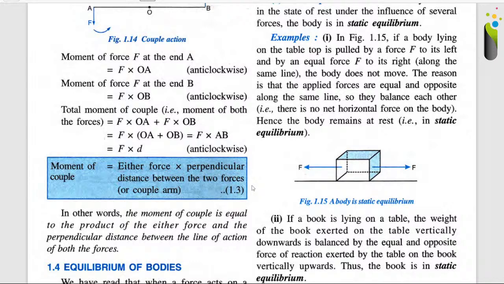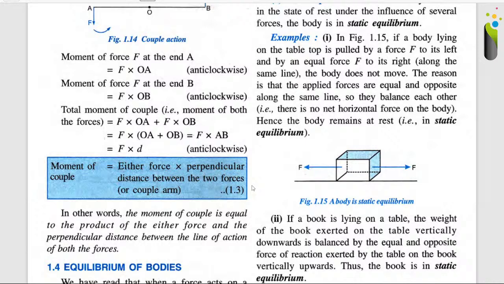The reason is that the applied forces are equal and opposite along the same line, so they balance each other. That is, there is no net horizontal force on the body. Hence, the body remains at rest, that is, in static equilibrium.